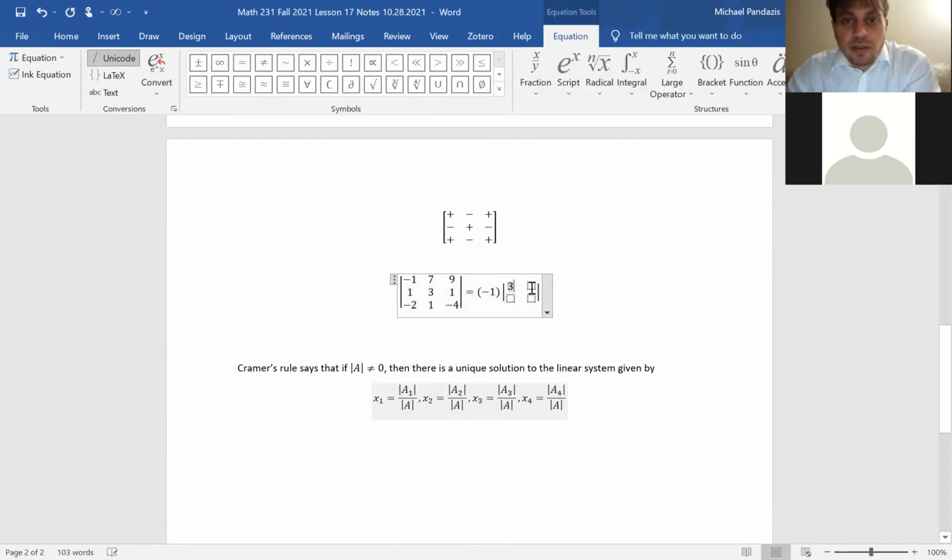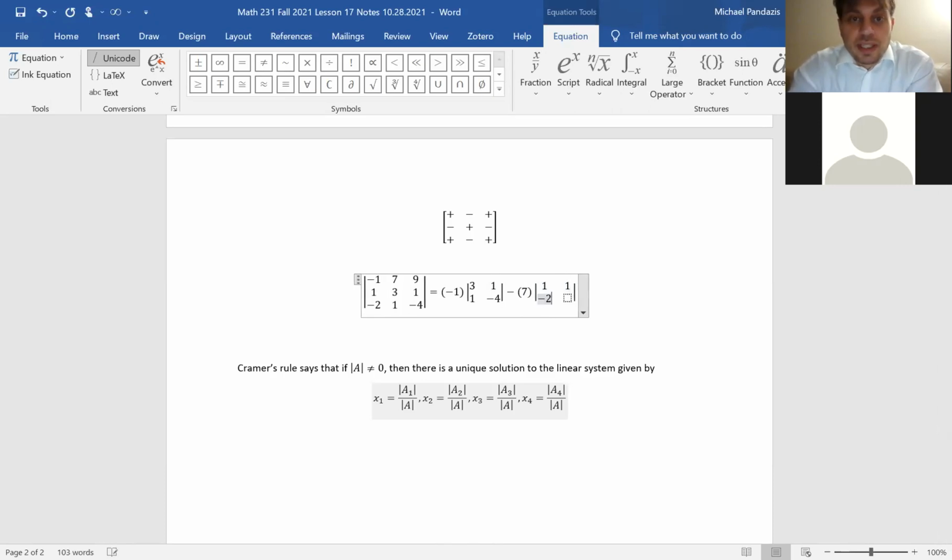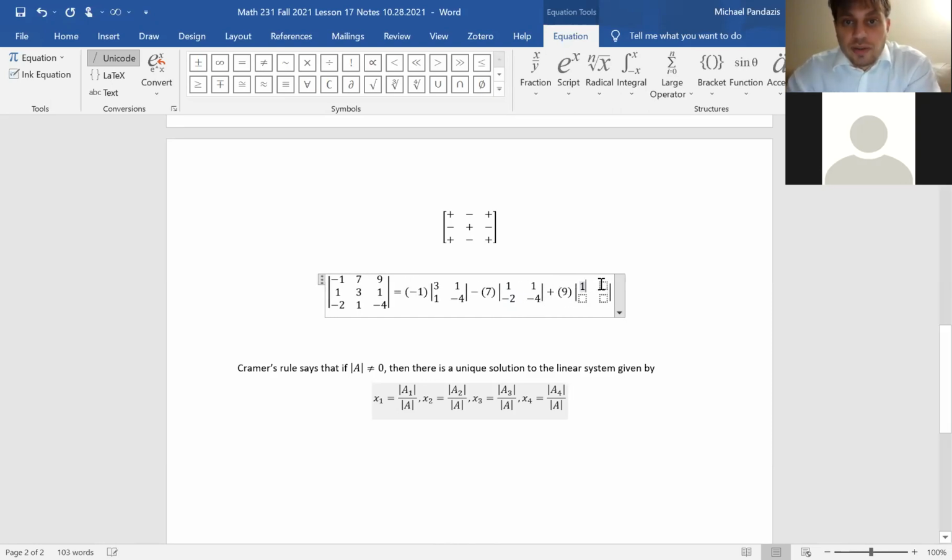So you have this 3, 1, 1, -4, minus the next term, which is a 7, times the determinant of 1, 1, -2, -4, plus the term 9 times the determinant of its corresponding submatrix 1, 3, -2, 1.